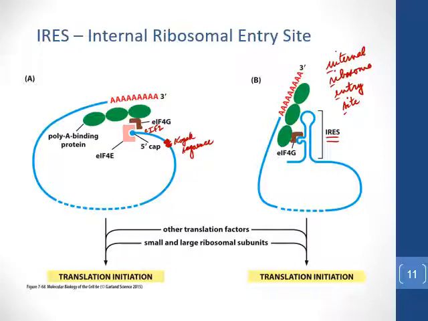And you might be thinking, so what? Well, here's the so what part. Chaperone mRNAs have IRESs. Now, there are other mRNAs that have IRESs as well, but chaperone mRNAs have IRESs. So think about the implications of that. What that means is that ATF6 can do its job. We can upregulate the transcription of those genes.